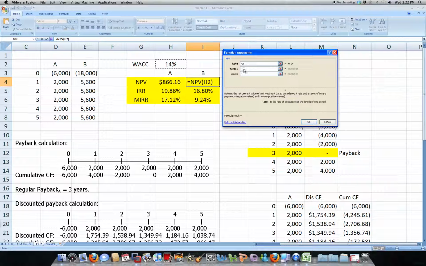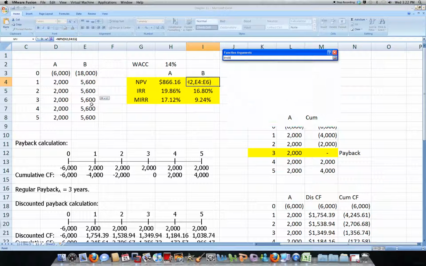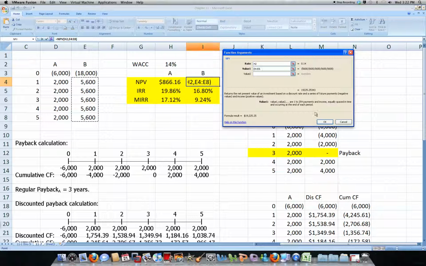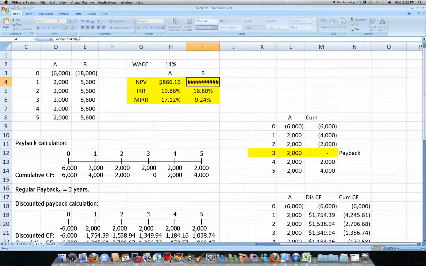Our values, we come down and click in the value. Okay, values will be these right here, E4 through E8. And then I'll just click OK. But I need to have that added in to find our net present value. Hit OK, and so we found our net present value is $1,125.25 for B.